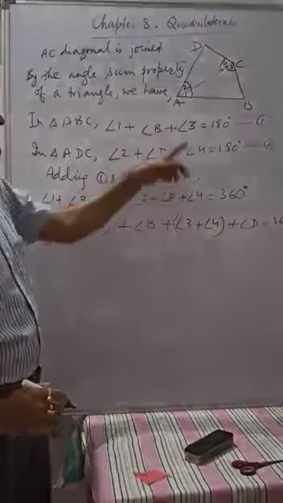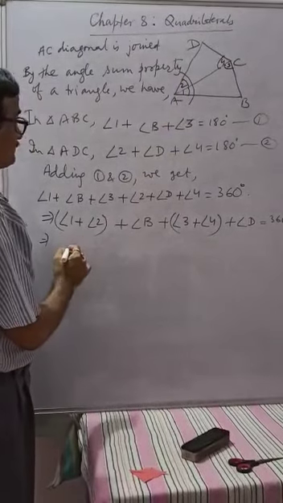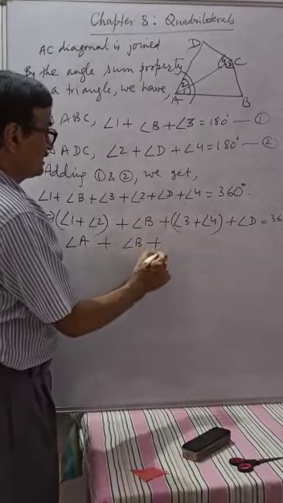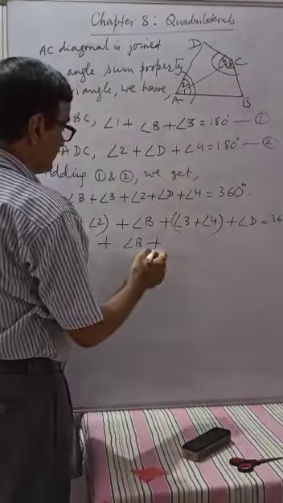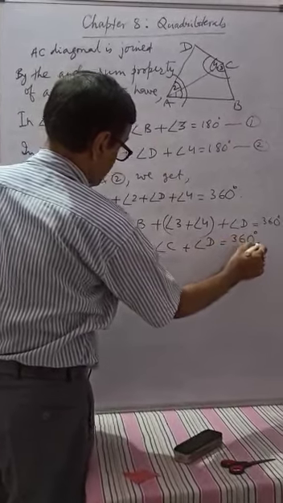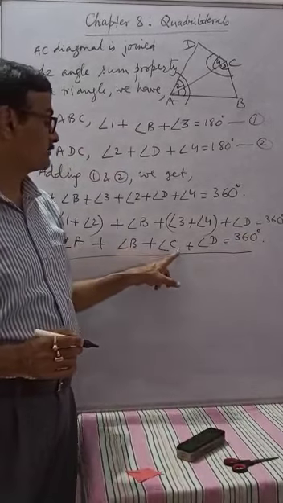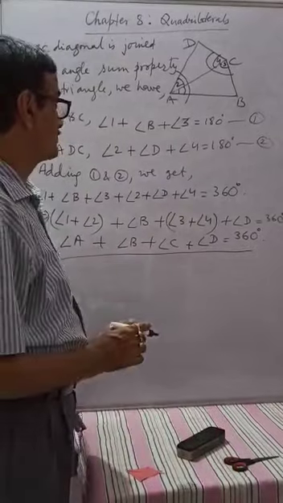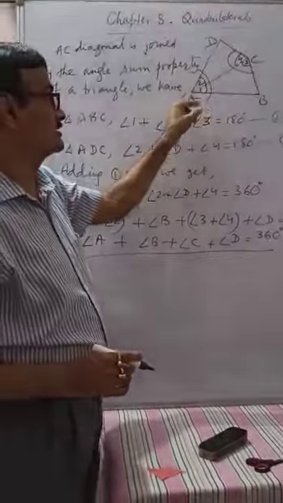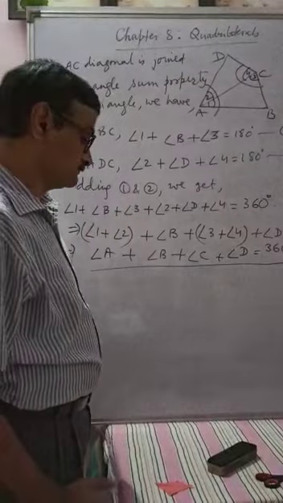Now from the figure it is very clear, angle 1 and angle 2 together form angle A. So angle A plus angle B, 3 and 4 together it is giving angle C plus angle D is equal to 360 degree. So finally we have got sum of all the four angles, angle A plus angle B plus angle C plus angle D is 360 degree. That means sum of all the four angles of a quadrilateral is 360 degree. This is known as the angle sum property of a quadrilateral.